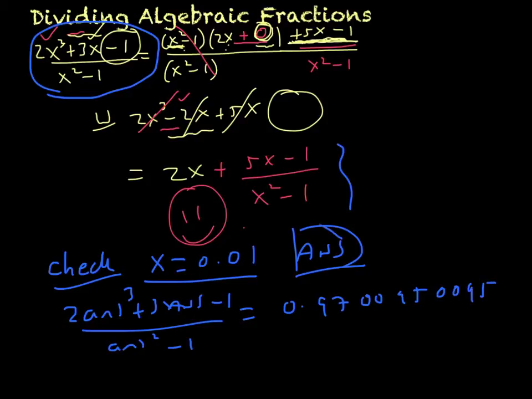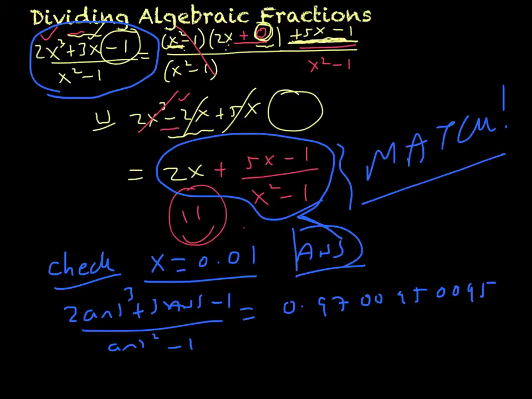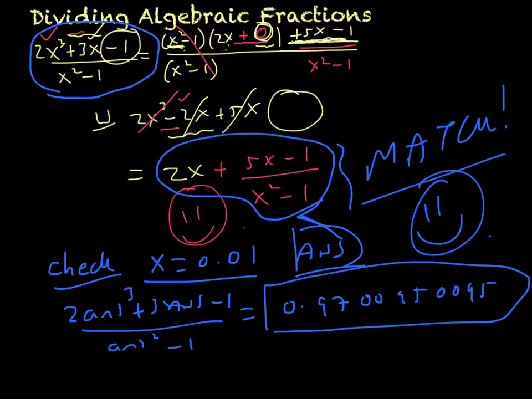I'm now going to do the same 0.01 and whack that in here, and it should match. And I whacked it in my calculator and it does, so we're happy. It's brilliant, it works. You know you've just done some great maths there.